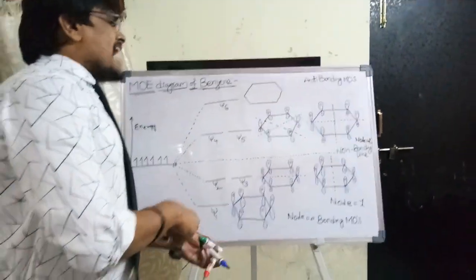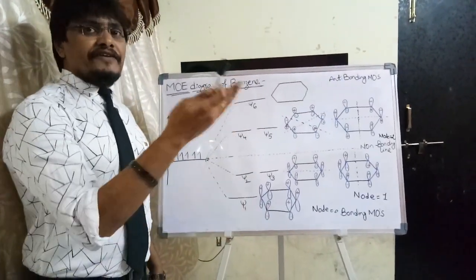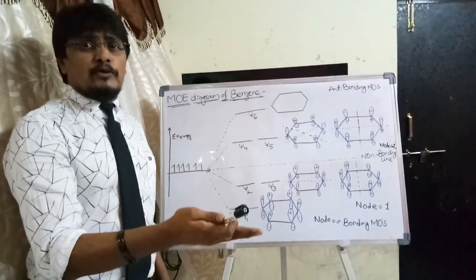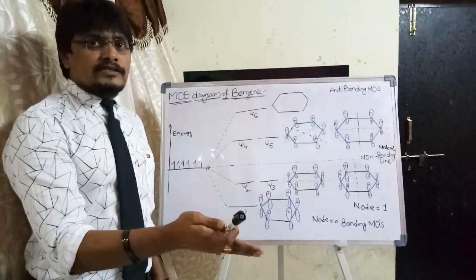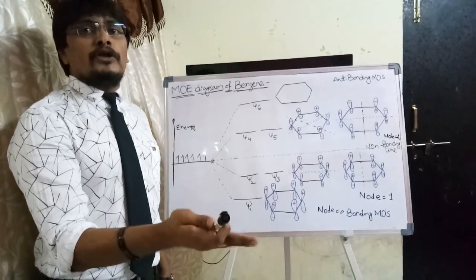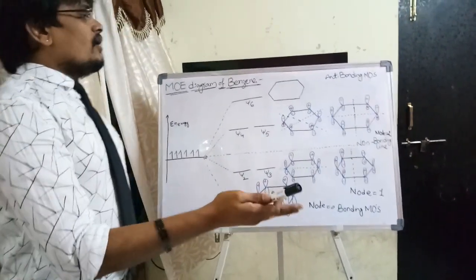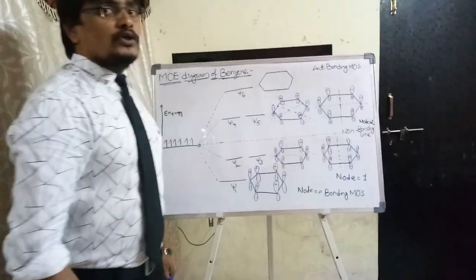So as we are moving up, what will happen to the energy? Energy increases, and as the energy is directly proportional to the number of nodes present in the molecular orbital, the number of nodes will be more when compared to the previous molecular orbitals. So what are the total number of nodes in the previous molecular orbitals? 2.